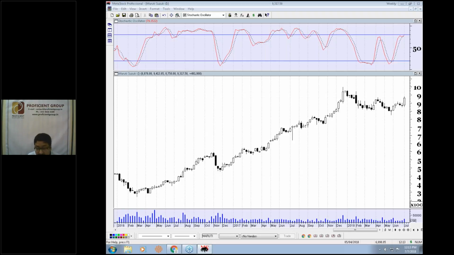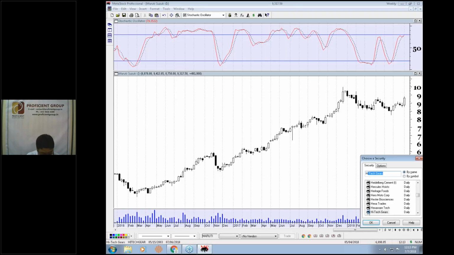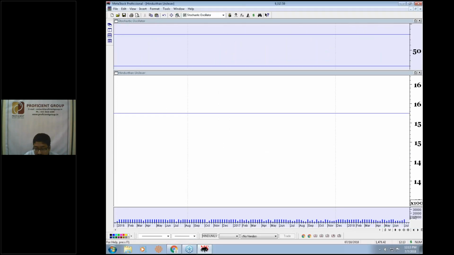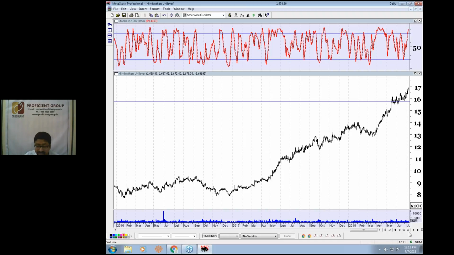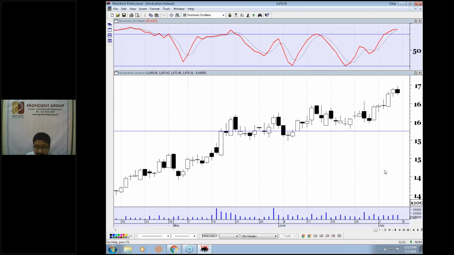Last but not the least, about our buying candidates is Hindustan Unilever. I have shown this chart many times in this webinar, and this FMCG major is continuing to go higher.